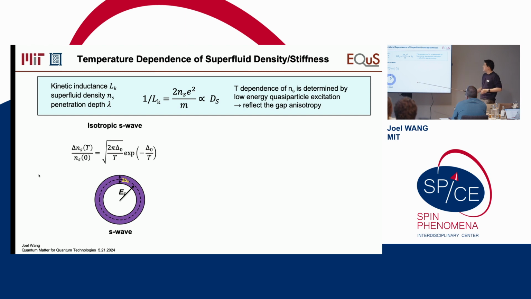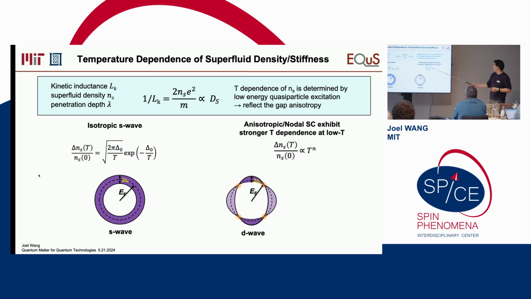Typically, in an isotropic S-wave superconductor, the change of the superfluid density with respect to zero temperature takes an exponential dependence as a function of temperature. Whereas in an anisotropic or nodal superconductor, it exhibits a much stronger temperature dependence that can usually be captured by a power law, T to the power of n.